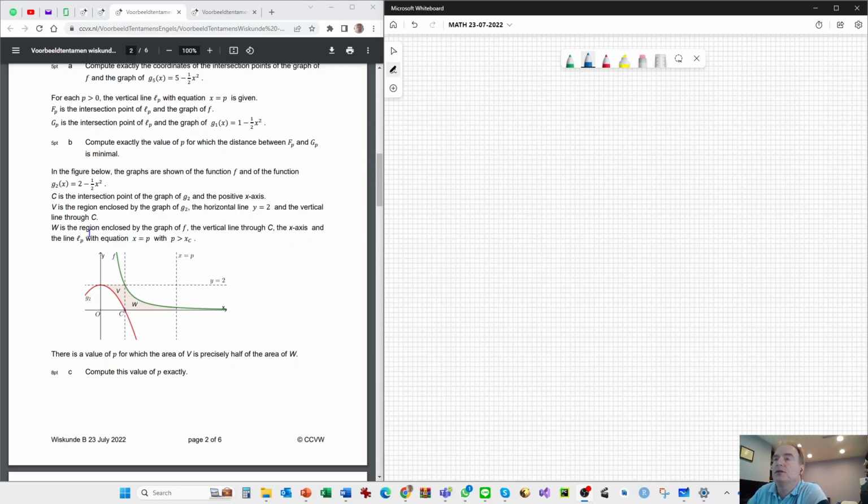W is the region enclosed by f, and the vertical line through C, the x-axis here on the bottom, and the line LP with equation x equal to P, with P larger than the x component here of C. So that is here. There is a value of P for which the area phi is precisely half of the area of W. Okay, find this P.